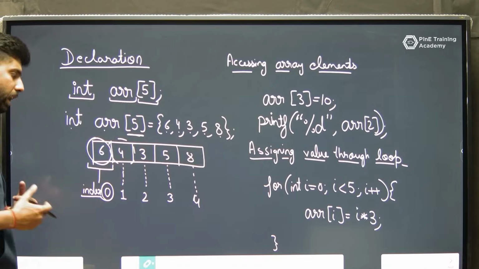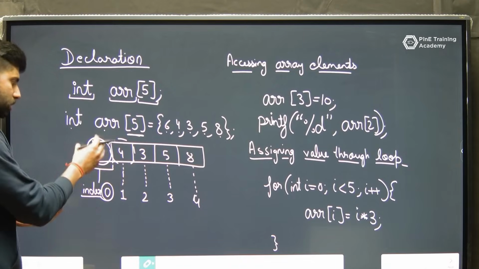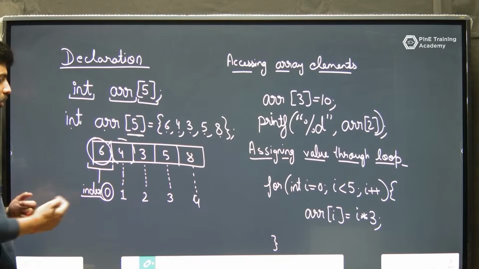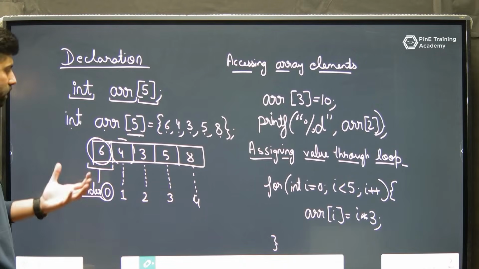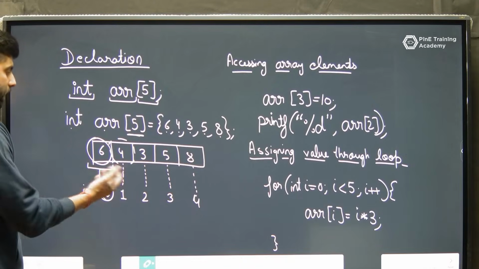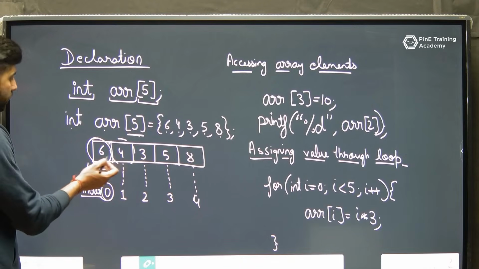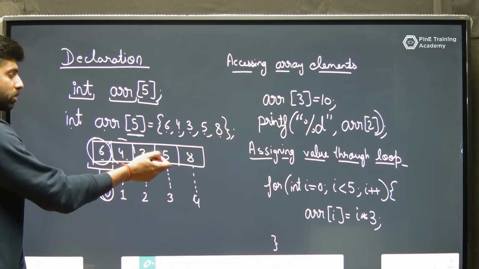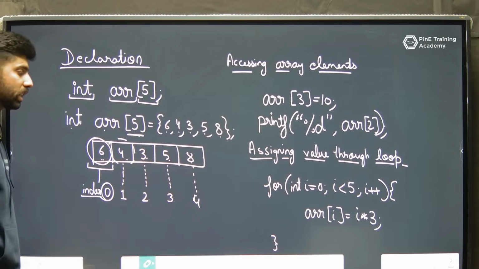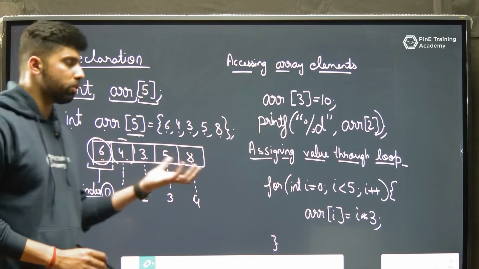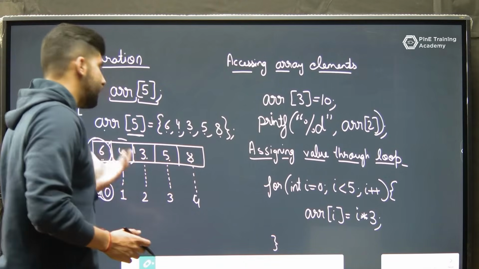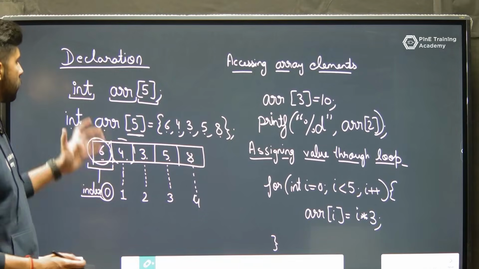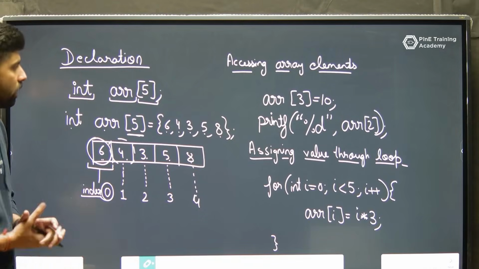So we number the blocks in an array, and the first number is always 0: 0, 1, 2, 3, 4. This is how we number the indexes. So this is index 0, this is index 1, this is index 2, this is index 3, and this is index 4. Every individual block where a value is stored is an index. This is how we declare an array.